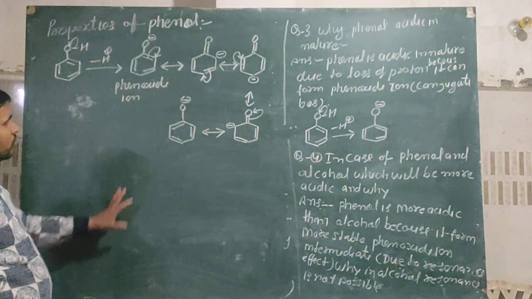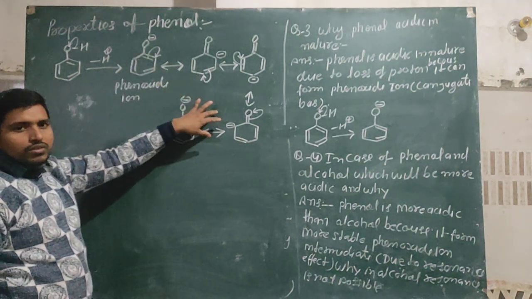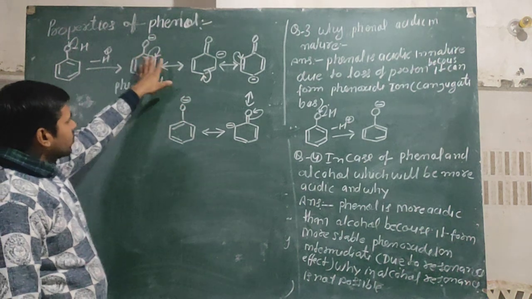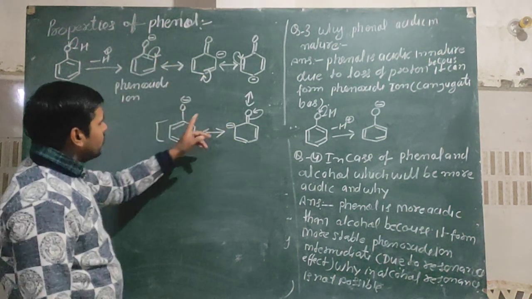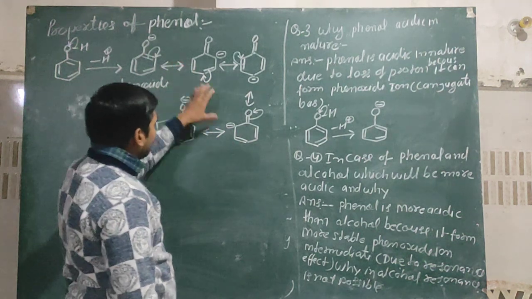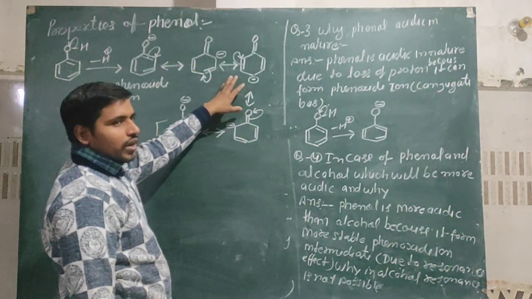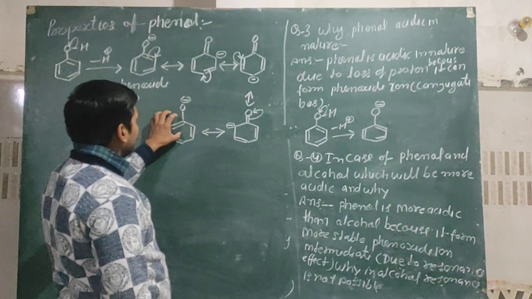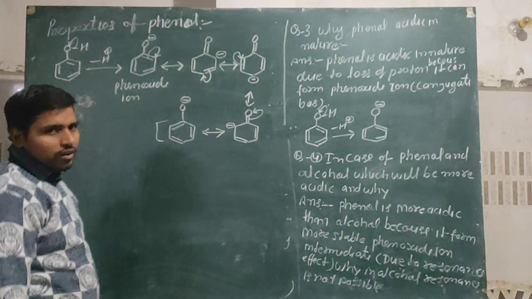Okay, resonance is a process in which the structure of the pi bond changes, and you can see here the structure of the pi bond changes in all the structures, and all these structures from here to here are resonance stabilized carbanion, but here this structure shows resonance stabilized phenoxide ion.